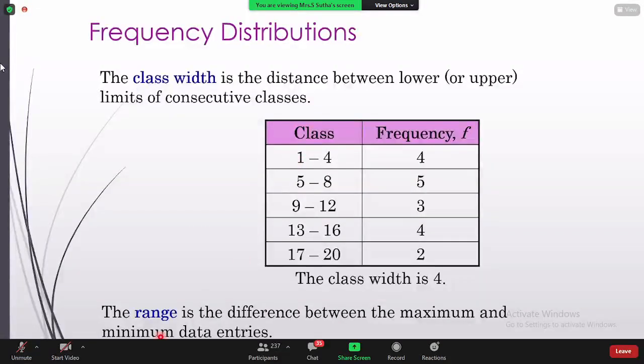And the range is the difference between the maximum and the minimum data entries. The range of this frequency distribution is the maximum and minimum data entry. So what is the range for this distribution?